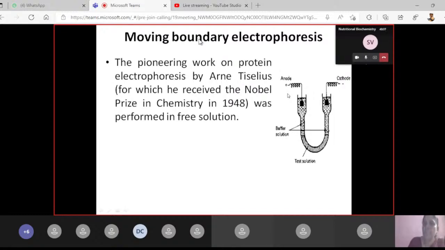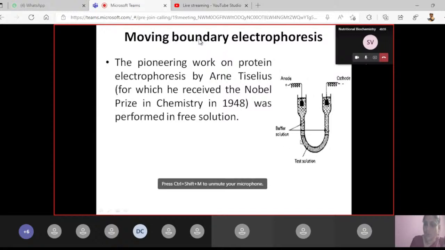But what are the disadvantages of this technique? Since it is completely only a buffer solution, the sample will start diffusing. Apart from moving because of the applied electric current, they will start diffusing because it's just a liquid medium. And secondly, the electric current will lead to convection currents where disturbance is observed.